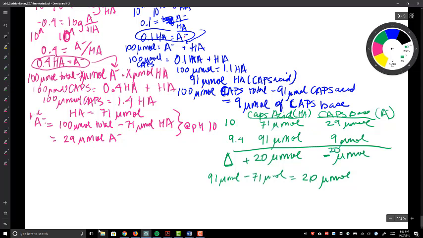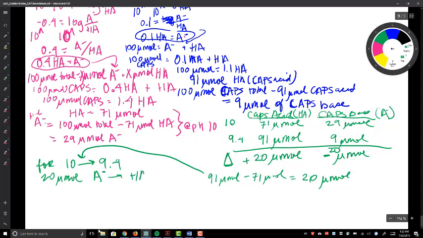So that means that for the pH of the reaction to drop from 10 to 9.4, and this comes from proton production from the reaction, 20 micromoles of caps base must be converted into caps acid.